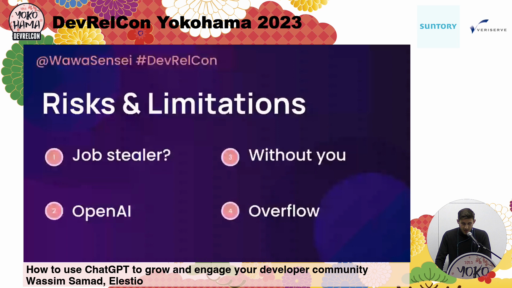And the last thing I see as a risk is the fact that ChatGPT is currently trained with data from November 2021, so it's a year and a half ago. And now that there is this tool, we will see a lot of content, and maybe not everyone takes the time to modify just the tone of voice, and maybe we will be flooded with content that is all the same.